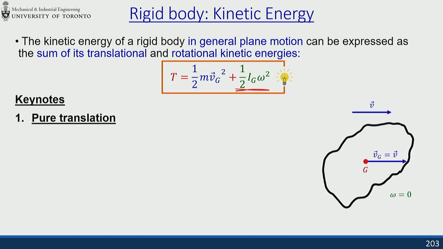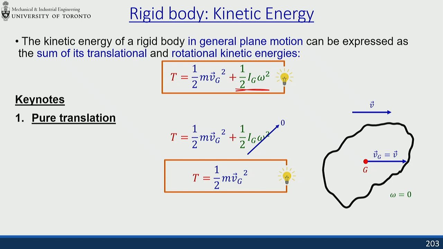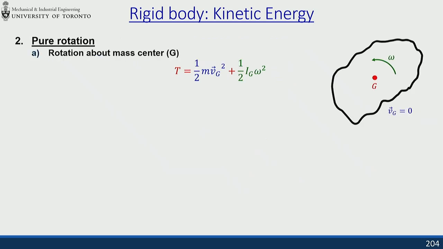Okay, pure translation, this is what we're used to, just going in a straight line, nothing fancy. If there's no rotation, then omega becomes 0, then we're just left with our half m vg squared. Next, pure rotation, this actually happens quite often. It's basically just rotating with respect to its own self.